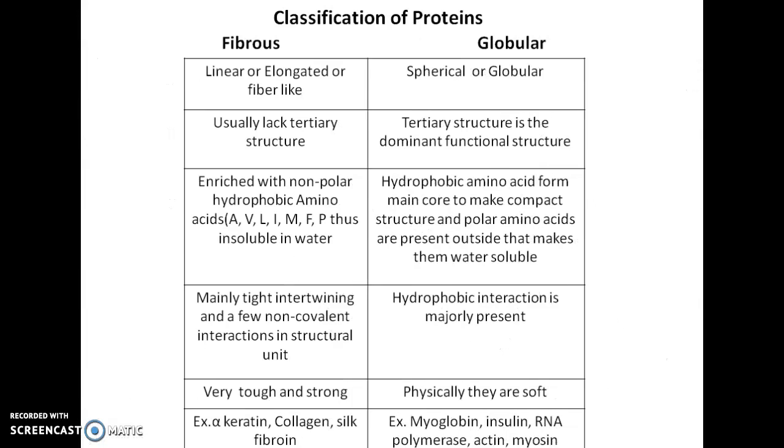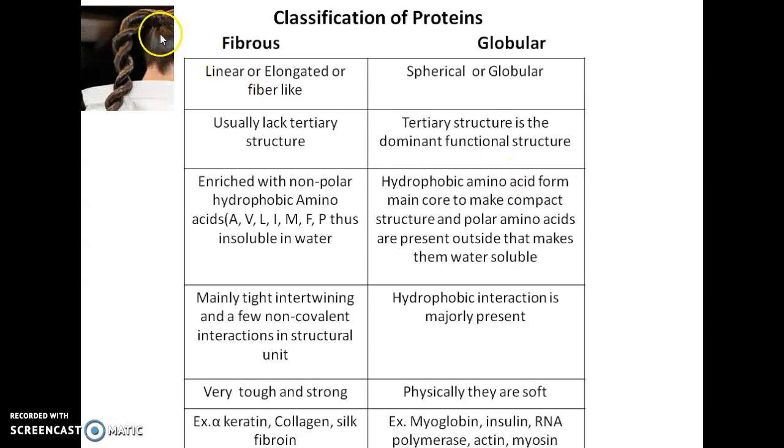Here a small table is presented that depicts all the features related to both categories of protein. In the case of fibrous protein, here I am presenting this picture, a very nice hairstyle of this lady. Suppose the individual hairs that wrap around each other represent the unit structure.